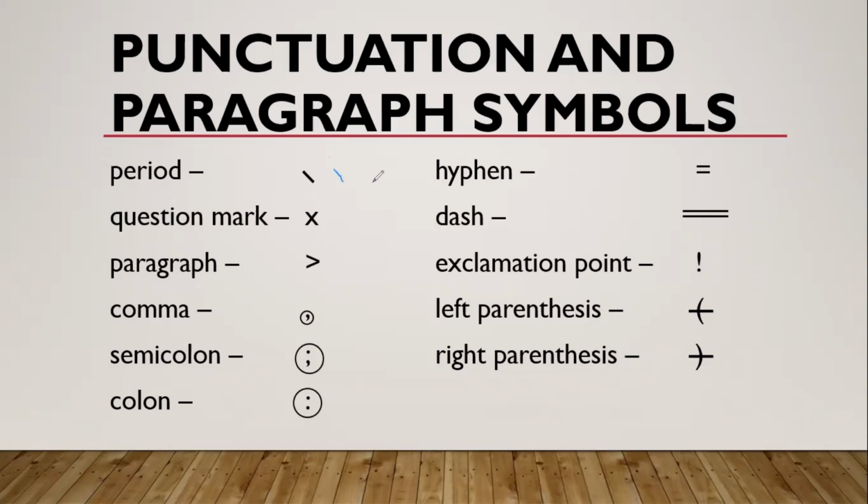So kapag sinulat mo siya, example dito, punctuation and paragraph symbols. And lalagyan mo ng period, you will write it like this, okay? So maliit lang siya dito, hindi mo siya ilalagay like that. Okay, you will just write it like this one.